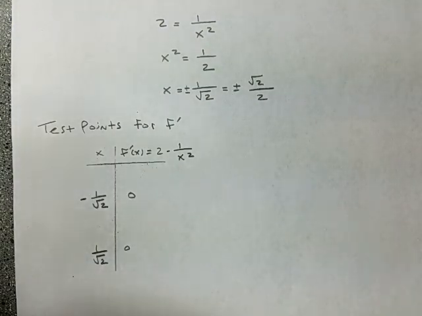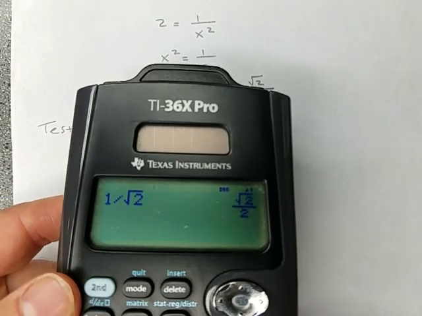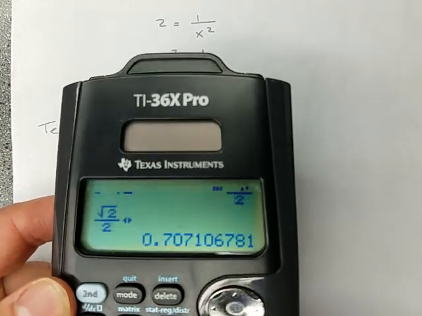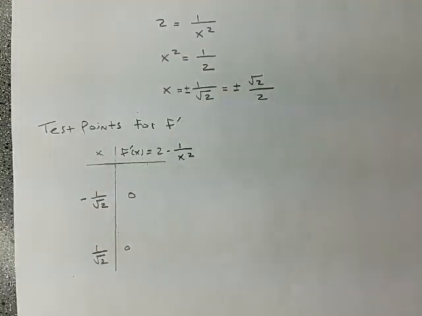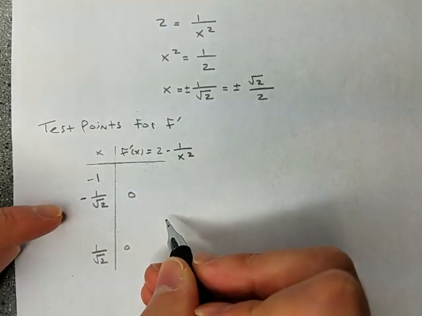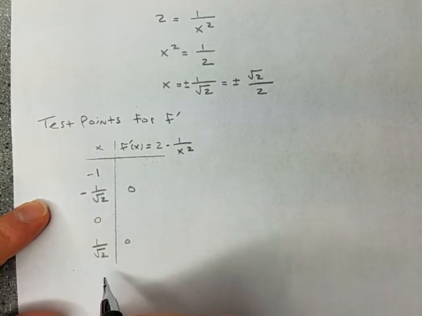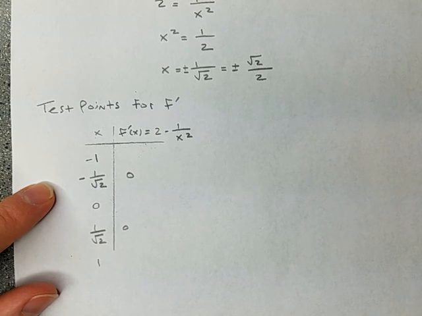Whoops. Okay. 1 divided by root 2. I just feel like I should demonstrate that. So 0.7, yeah, so 0.7. So how about this? Let's do negative 1, which is less than negative 0.7. Let's do 0, and let's do 1. Those would be pretty easy numbers to test.